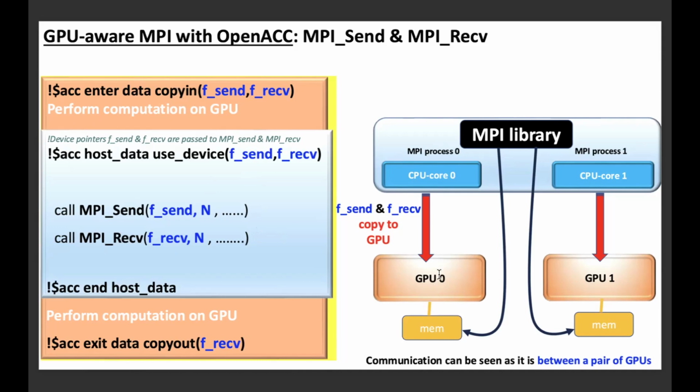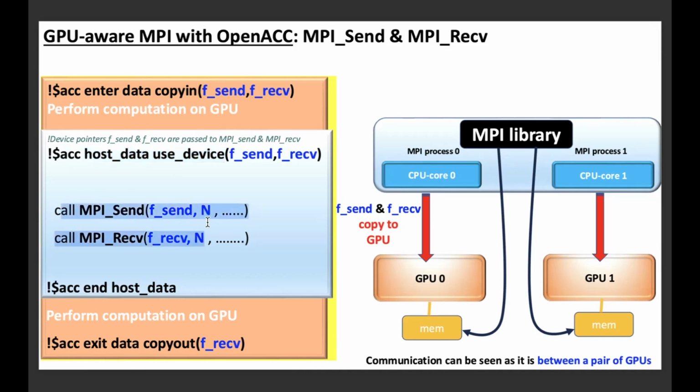We do some computation on the GPU, and then that's the important feature in OpenACC: you use this directive, which accepts the pointer as an argument. This device pointer is passed to the MPI function, and by passing that, MPI will do what is necessary to communicate between two GPUs instead of communicating between two MPI processes on the CPU. So that's really simple.